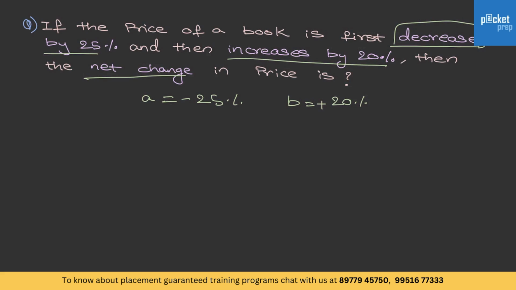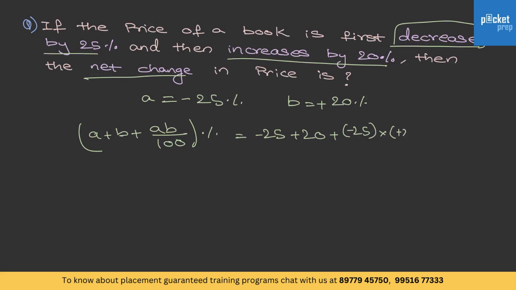So what is the net change? This can be given by the formula A plus B plus AB by 100%. So minus 25 plus 20 plus minus 25 into plus 20 by 100. This is the net percentage.